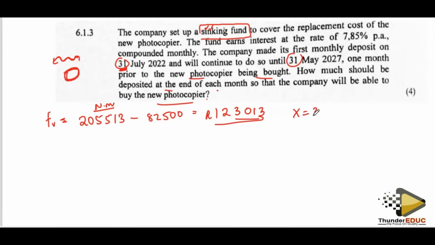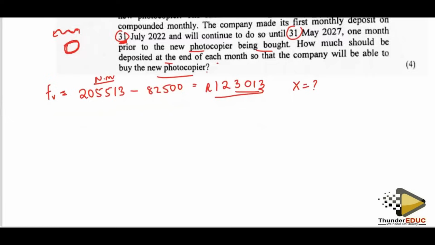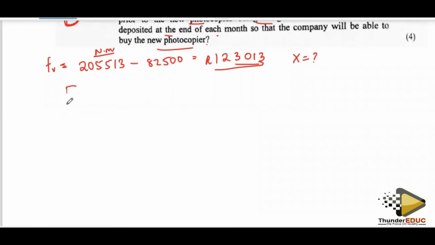So I don't have X. Maybe before I even talk about X, which formula am I using? I'm saying F is equal to X into 1 plus i to the exponent of n minus 1, over i. Okay, so we're looking for X. We have our F, which is this much.